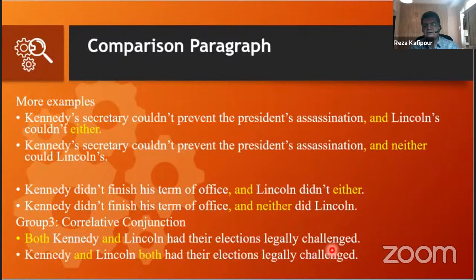The same sentence can be rewritten in this form: Kennedy and Lincoln both had their elections legally challenged. They are structures that we can play with. We can write an academic text, let's say, by using different structures.